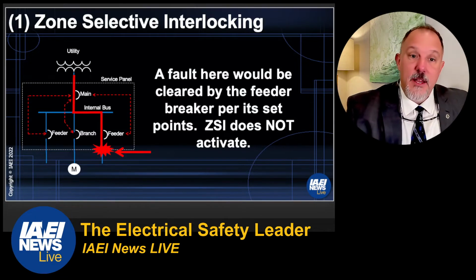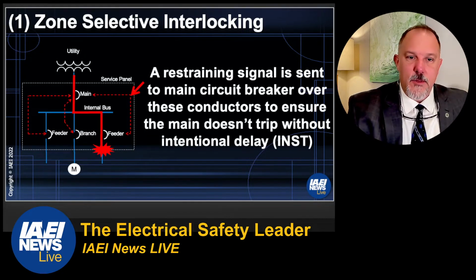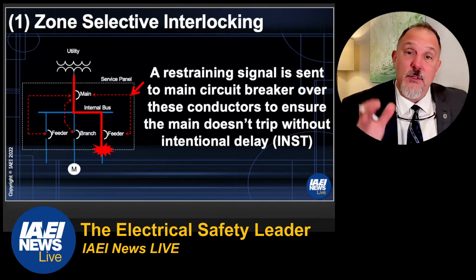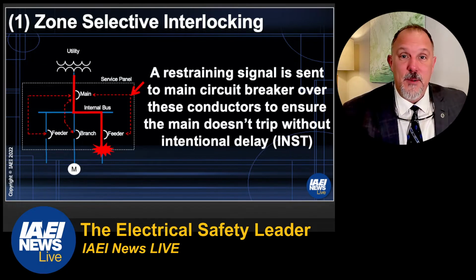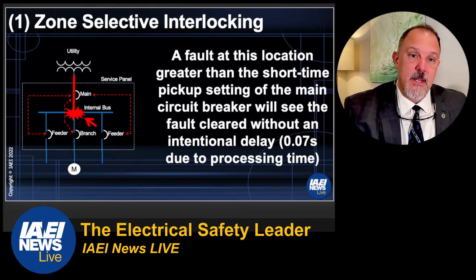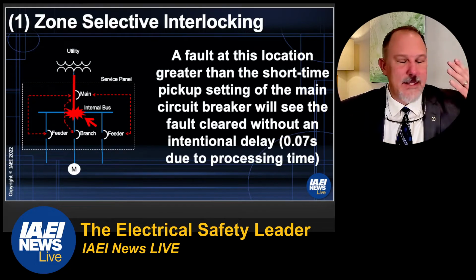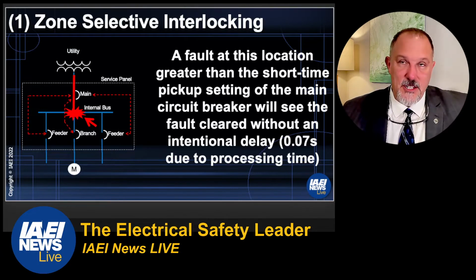Now, the next case. That's basically what I'm saying there: the restraining signal, we call it a restraining signal, and it's a 5-volt signal. And remember, each manufacturer will use a different voltage, but the principles are exactly the same. Now, here is case 2, and this is when zone selective interlocking shines.